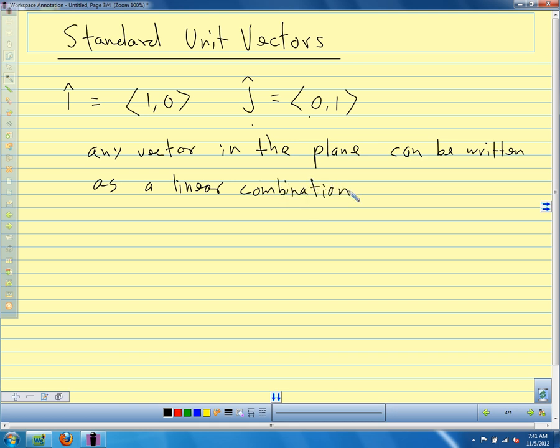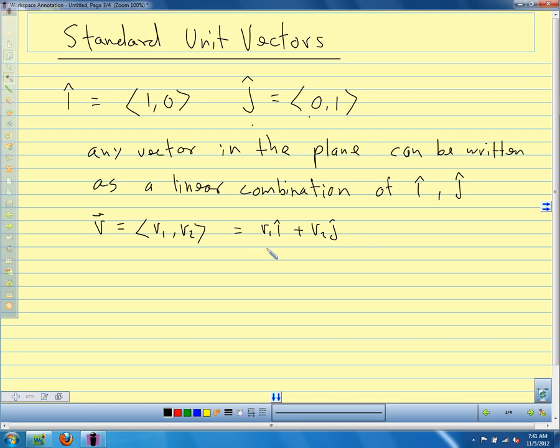So any vector in the plane can be written as a linear combination of i hat and j hat. So if we have, for example, v equals v1, v2, we can say this is v1 i hat plus v2 j hat.